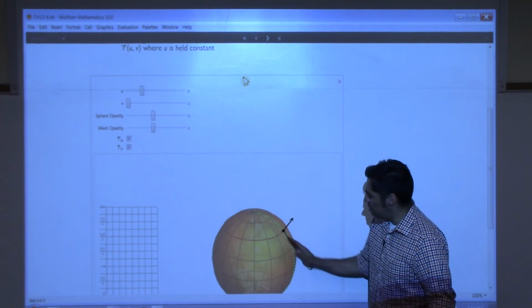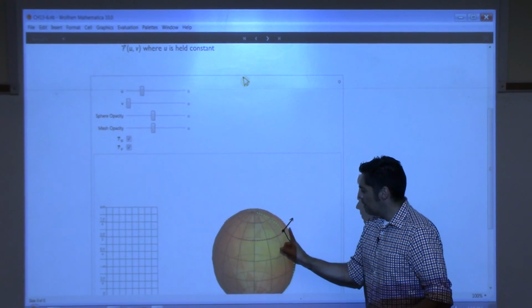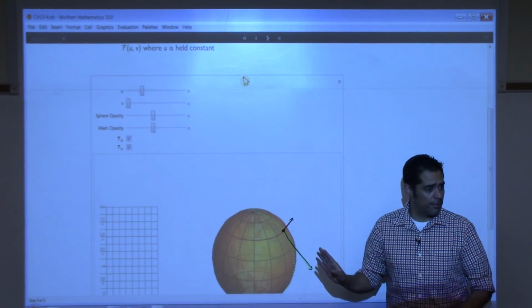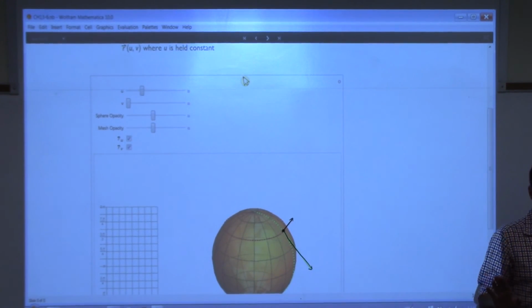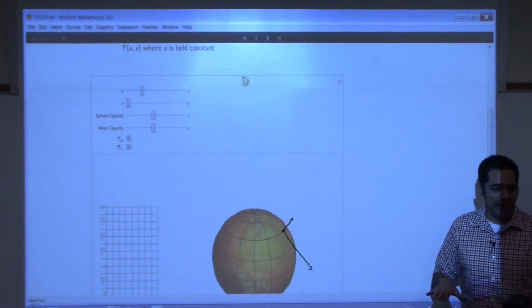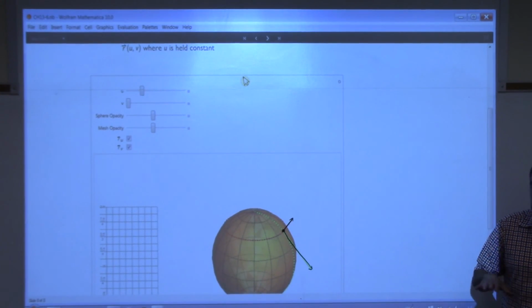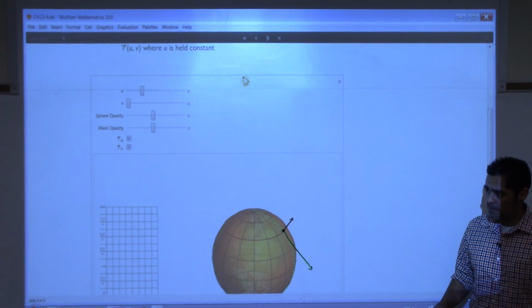So this one right here is tangent to the green curve. This one right here is tangent to the red curve, right? Would you agree that both of those vectors together live in a plane that is tangent to the surface? Yes?